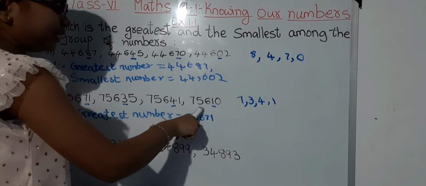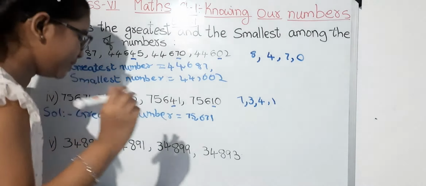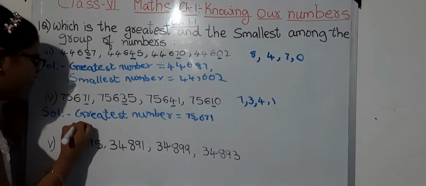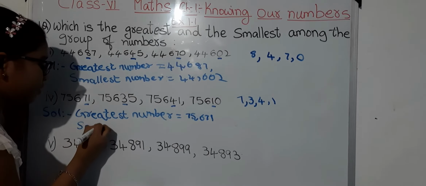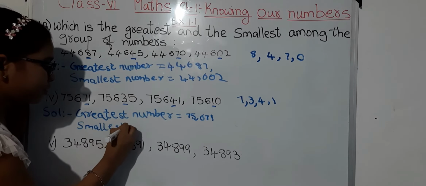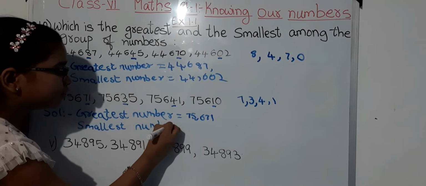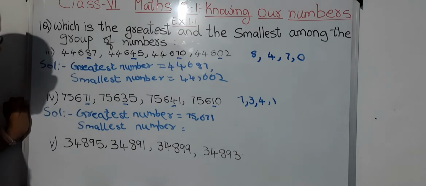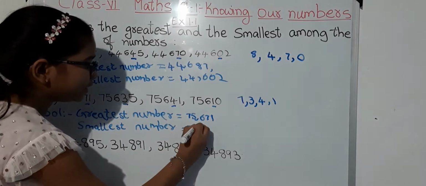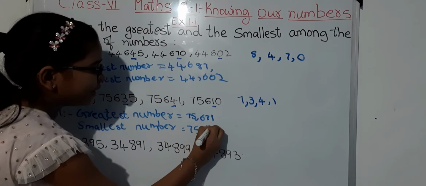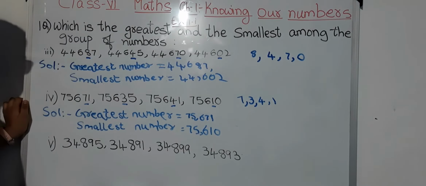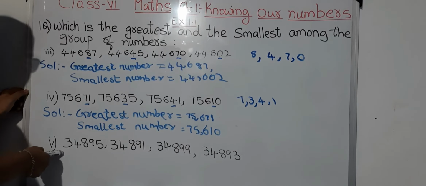So 75,610 is the smallest number. Smallest number is 75,610.